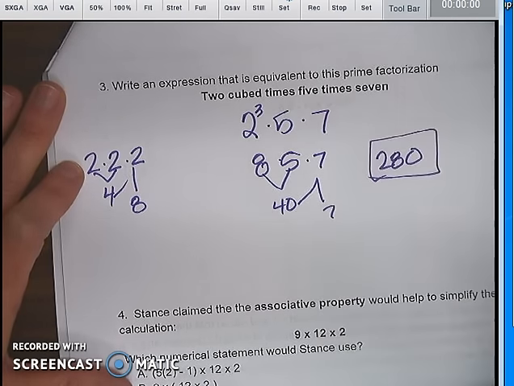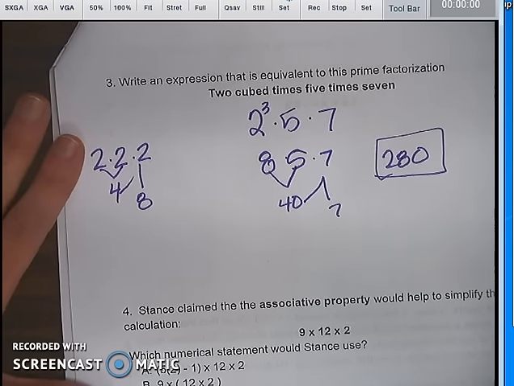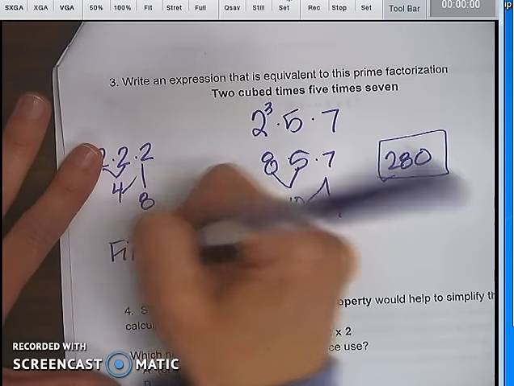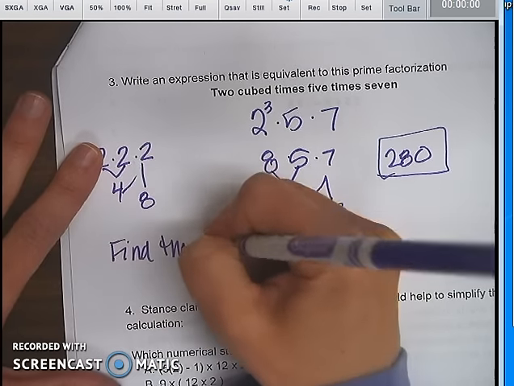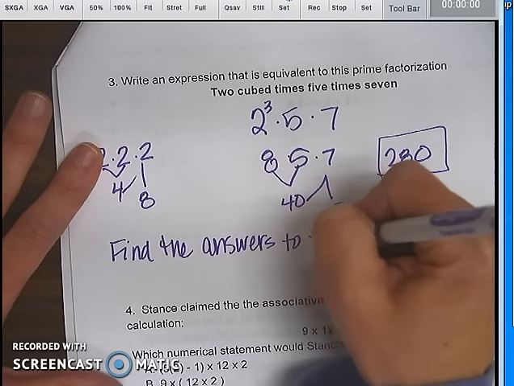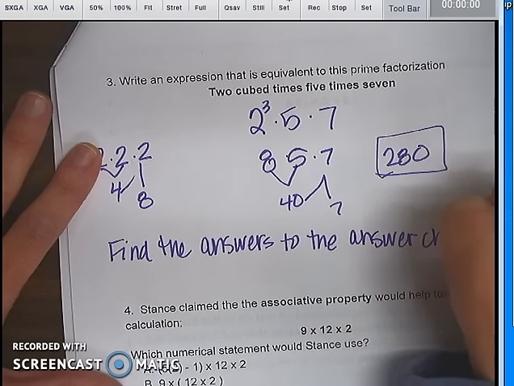Alright. So here's how you're going to work this. You need to find the answers to the answer choices.